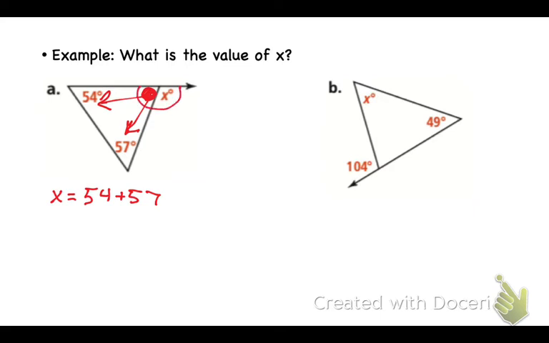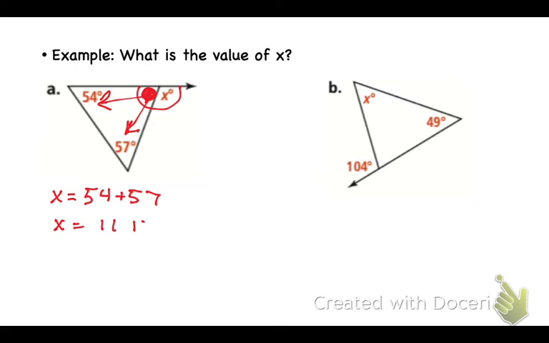But if I don't have that angle, is this going to help me out? Yes, because if not, I'd have to add these two, subtract from 180, get this one, subtract it from 180. Wait a second, that's the same sum, isn't it? So I get X equals 111.